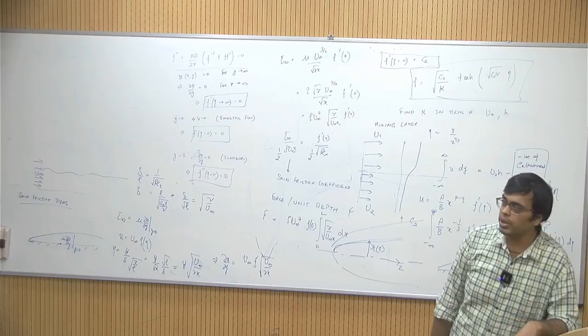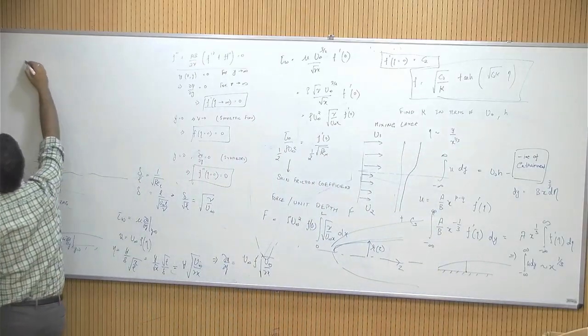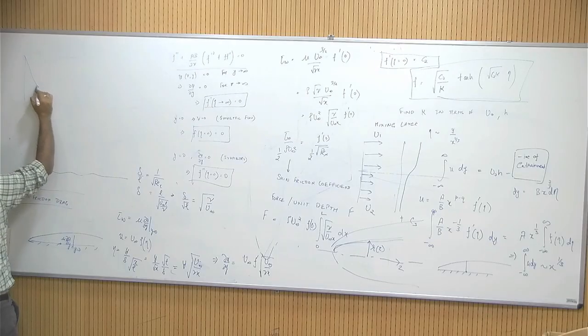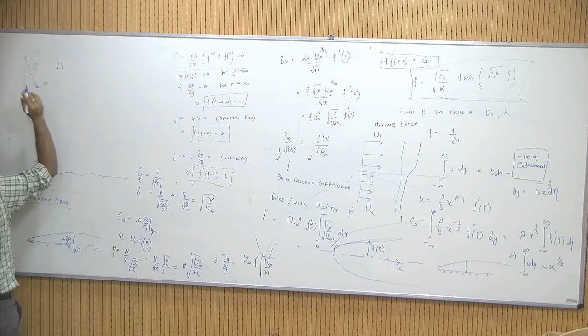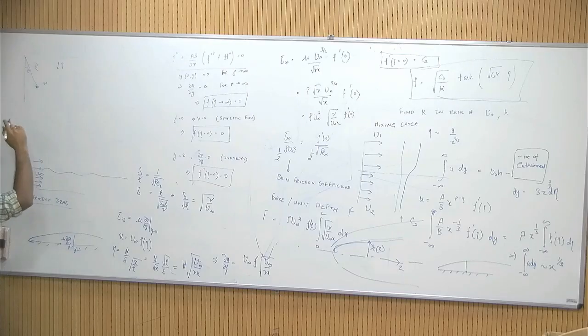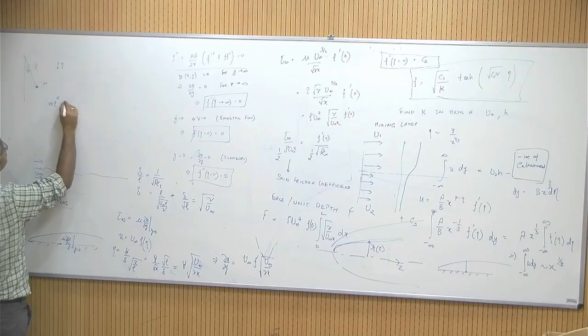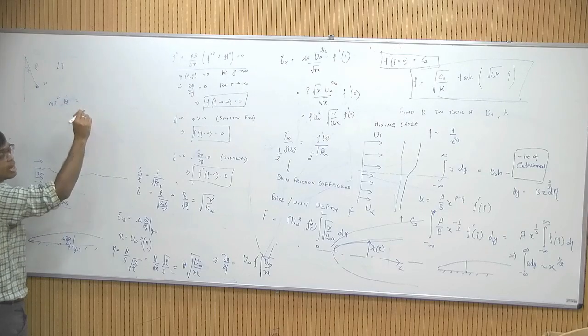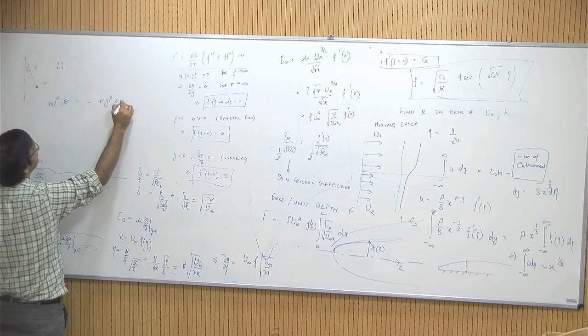Okay, for example, you have an equation for a pendulum. Let us say a very simple pendulum. This is L, this is M. You have it in gravity. So what is the equation of this guy? Let's say this is theta. What is the equation? So you have m l square theta double dot equals minus m g l sin theta.